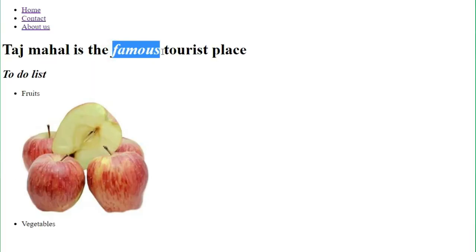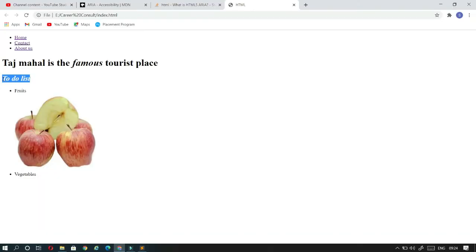In the first one, "Taj Mahal is the famous tourist place," I am emphasizing the word famous. But in the to-do list, I am not emphasizing anything, so for that reason I just used the italic I. For just making the content italic as a font style, you can use I. In order to give more importance or emphasize a text or a word, you can use em. When you go to the website, you won't be able to distinguish between them.